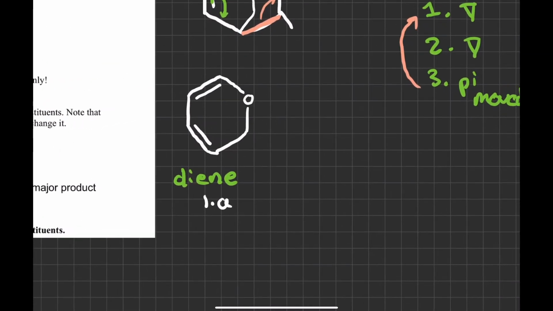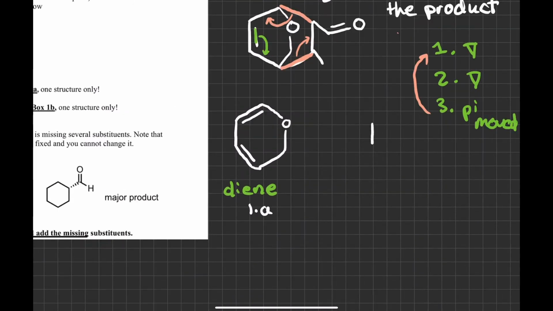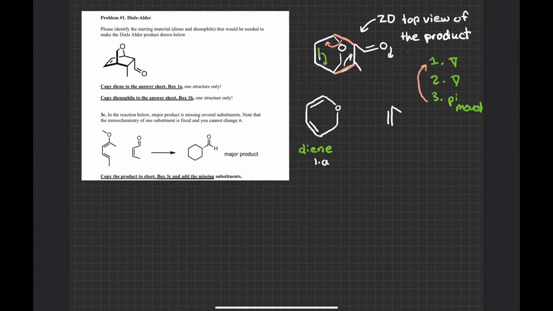Now let's get our dienophile. So here's the backbone structure. So we're putting back the pi bond right over here. So that means this will be in a double bond form. And lastly, we need to include the substituents. So the substituents were both facing downwards, meaning it's a cis conformation.